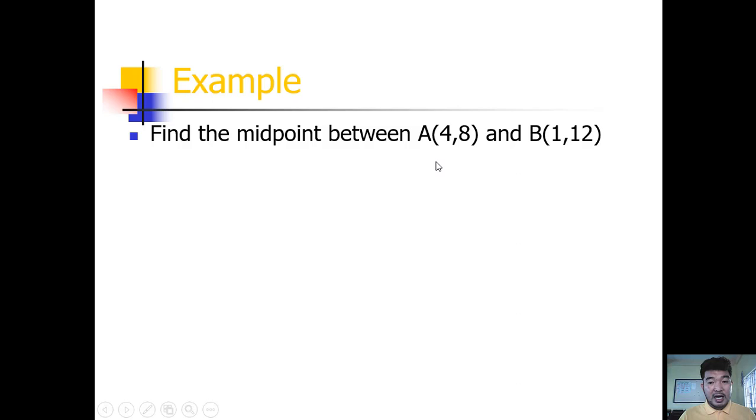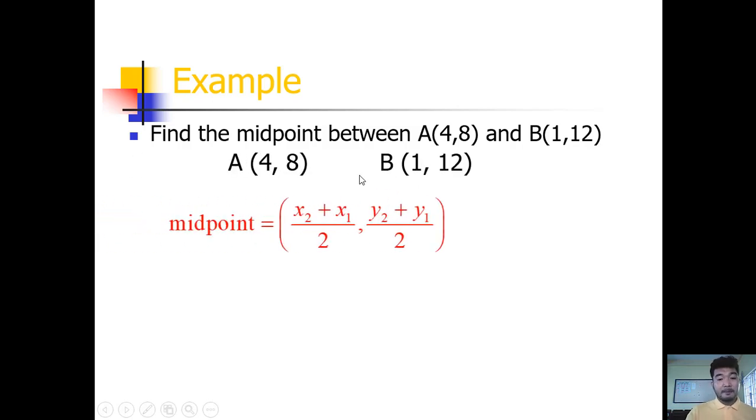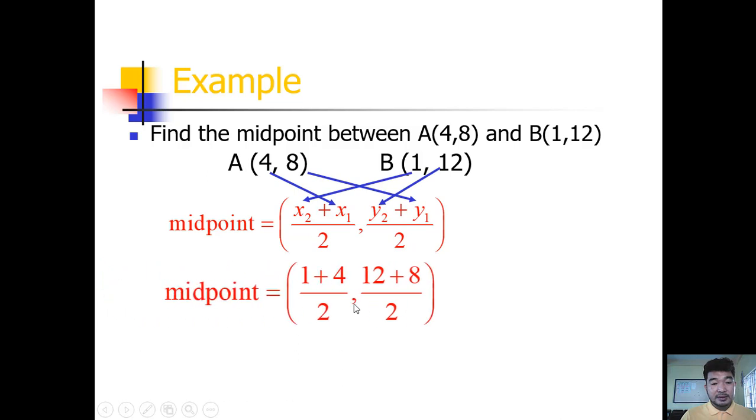Okay. Suppose that we have these 2 points. A is 4, 8. And then B is 1, 12. Using the midpoint formula, i-add lang natin yung dalawang x. Ano yung dalawang x natin? 4 and 1. So that's 5 divided by 2. That's 5 over 2.